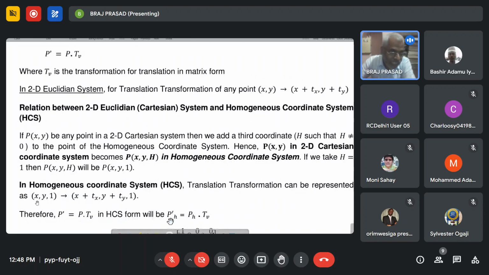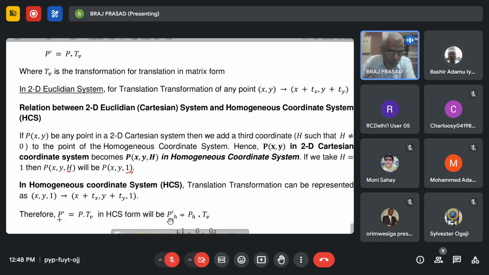Then xy becomes x, y, 1, and x plus tx, y plus ty becomes x plus tx, y plus ty, comma 1. Without this third coordinate h it is Cartesian, and with the h value it is homogeneous.